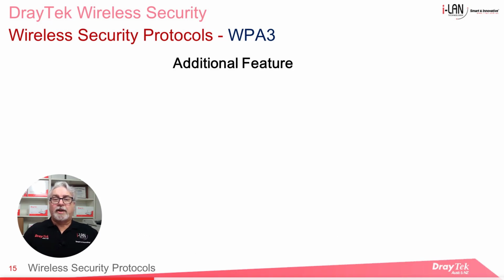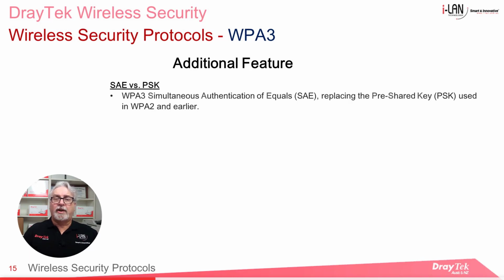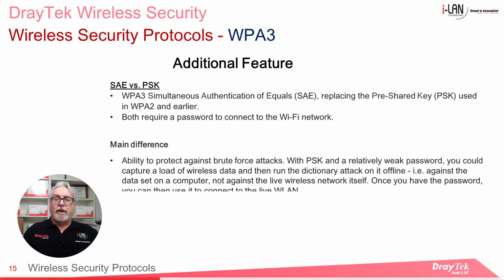Speaking of brute force attacks, one additional feature is that WPA3 uses a method called Simultaneous Authentication of Equals, or SAE, replacing the pre-shared key, PSK, used in WPA2 and earlier. In both methods, a password is required to connect to the Wi-Fi network. Where SAE and PSK differ is in the ability to protect against brute force attacks.